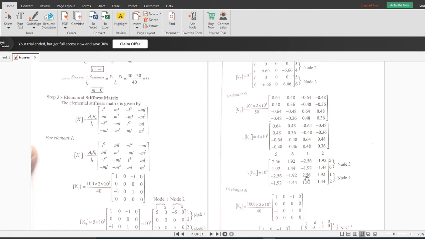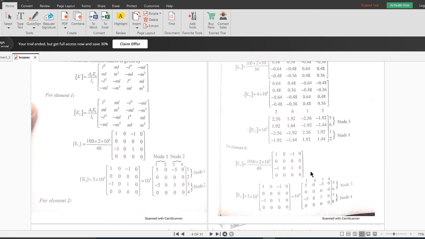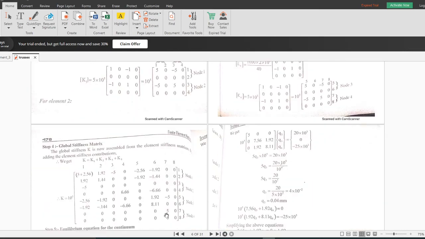What is the value here? Minus 2.56. Not minus, plus. So 5 plus 2.56.